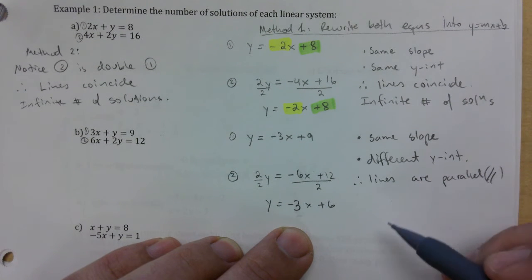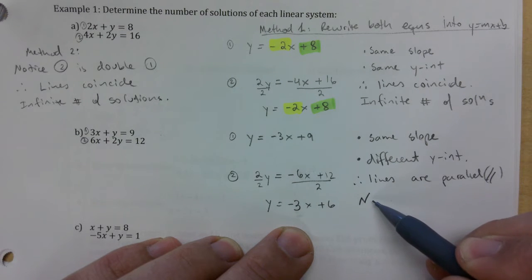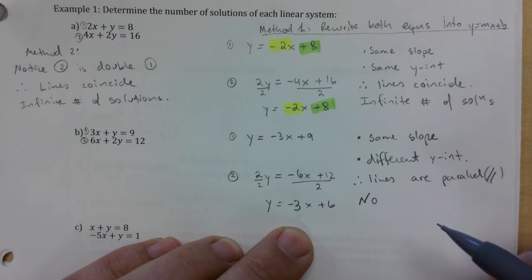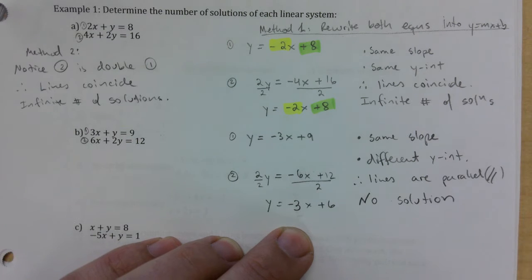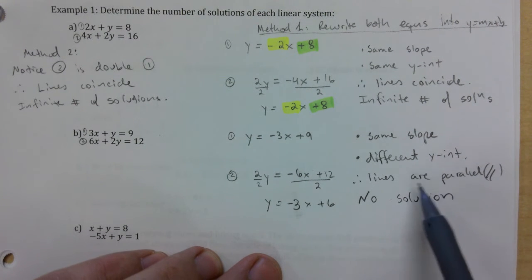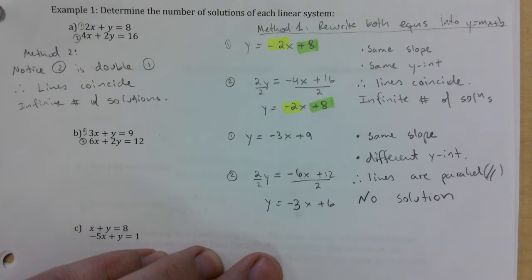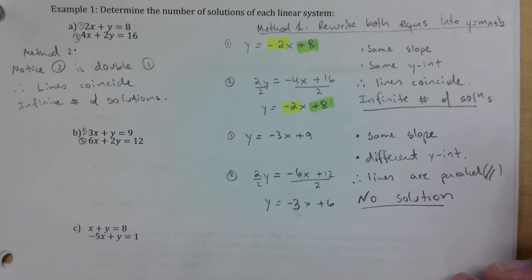Lines are parallel, no solution. That's it. So you have to say what would happen if you were to graph these two lines, and then conclude no solution. So no solution, and then we had infinite number of solutions up there.